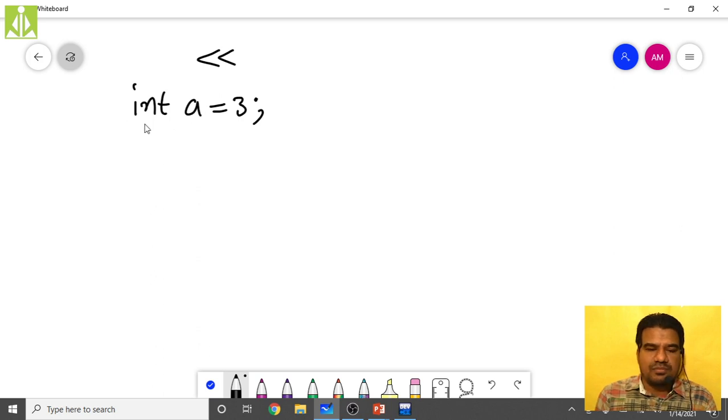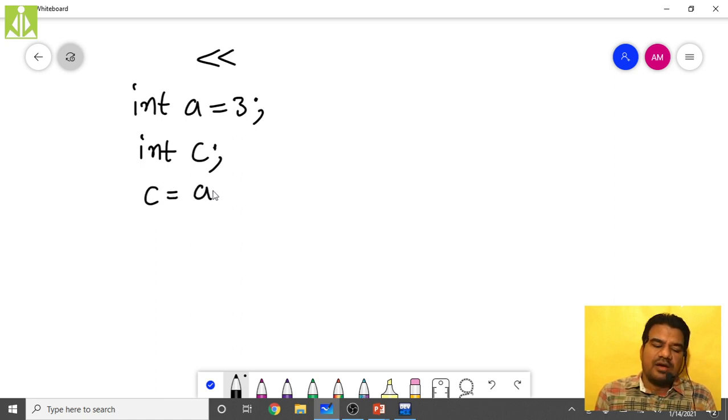Then take another operand, int c. Now c is equal to a left shifted two times. How many times? Two times I am performing.